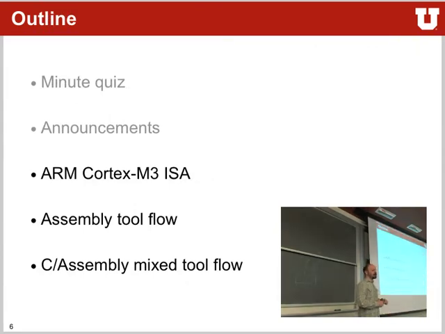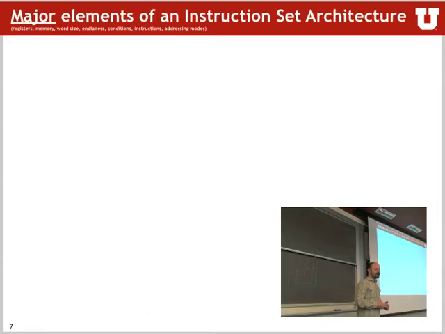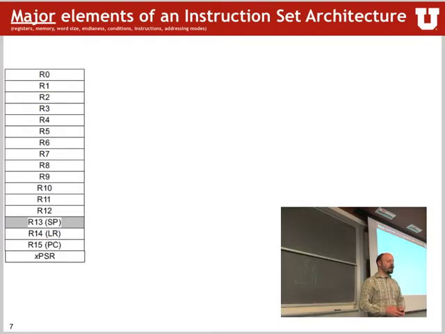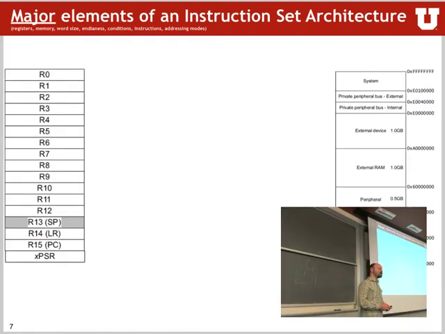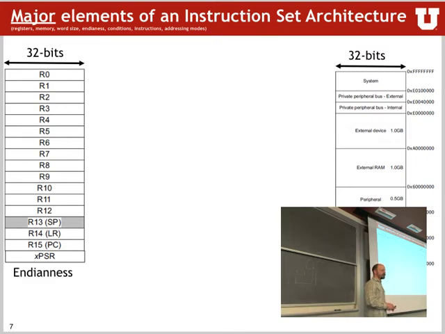Okay, so let's keep going. Today we will repeat a lot of the things that we saw last time, because many of these concepts are really important. We had the major elements of the instruction set architecture last time. On one hand, all the registers, and the memory map that we do operations on and get data in and out from. All of them are 32 bits. We talked a little about endianness, but we will look at that more today.